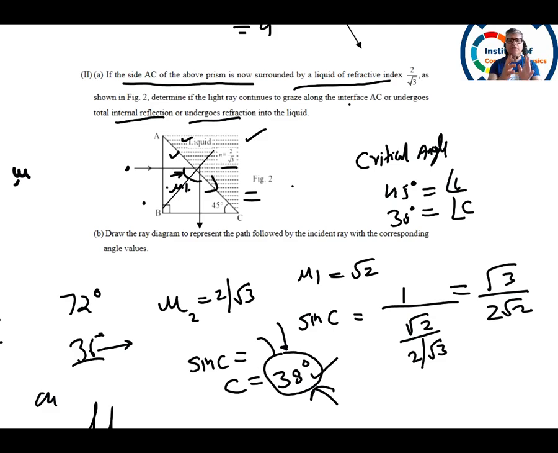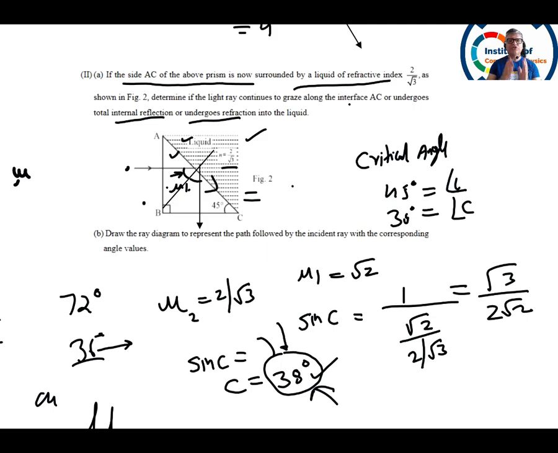Be very careful. Total internal reflection is not an absolute thing. It depends on the second medium. So the critical angle changes if the medium here and medium here change. In the previous question, the critical angle was between glass and air. Here it is glass and liquid. The critical angle needs to change.